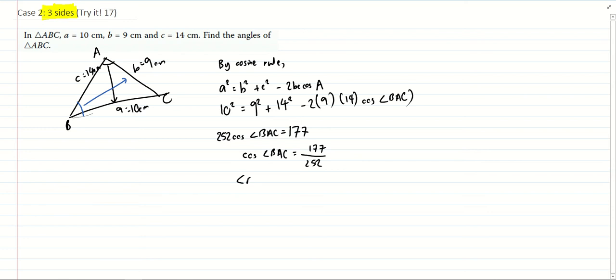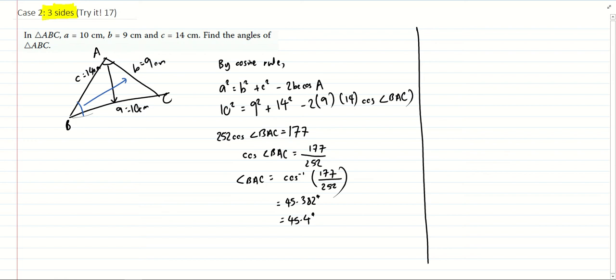So angle BAC equals cosine inverse of this particular number. So I have 45.382 degrees. Okay, so 1 dp.